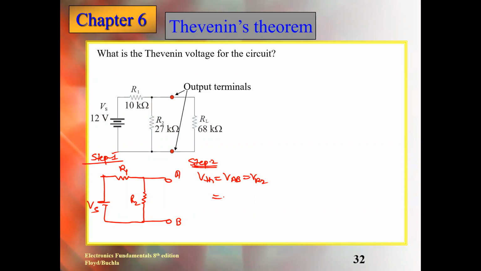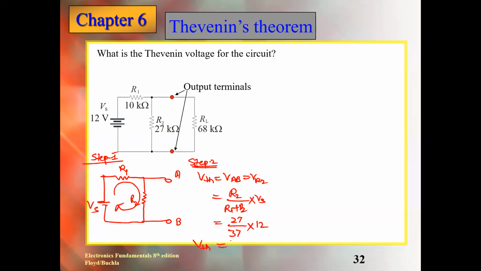R2 over R1 plus R2. We can apply voltage divider. So we can calculate by voltage divider: R2 over R1 plus R2 multiplied by VS. So put the values. R2 is 27 over the sum, which is 37, multiplied by 12. Calculate it and tell me the answer. How much is VTH?